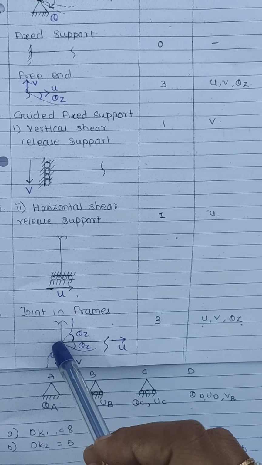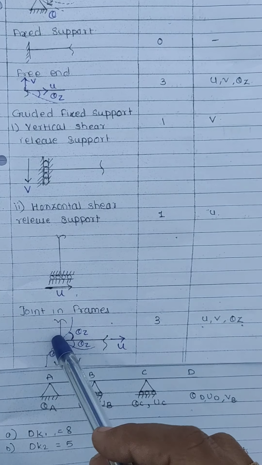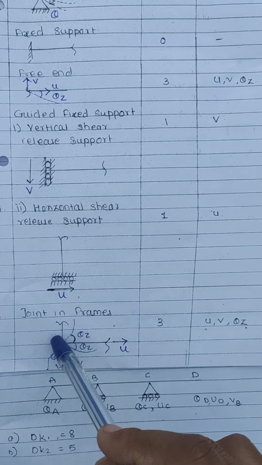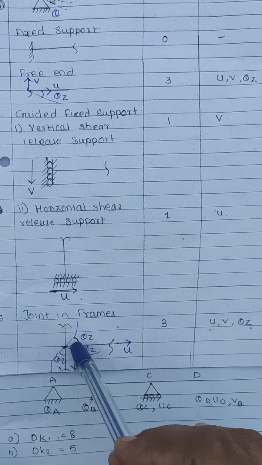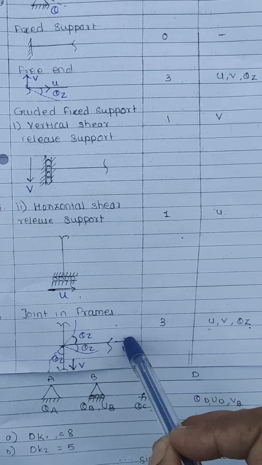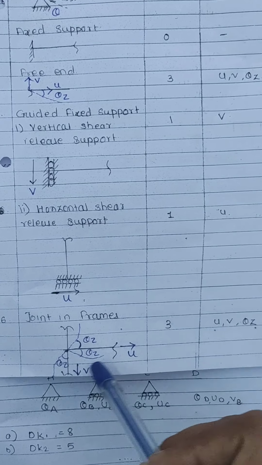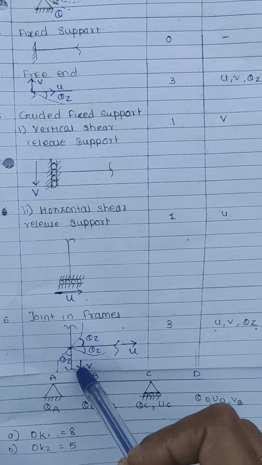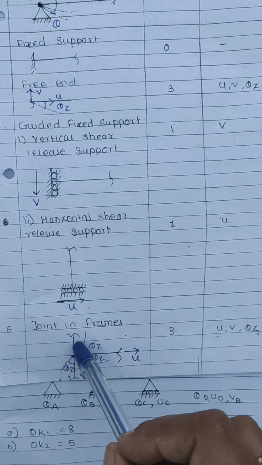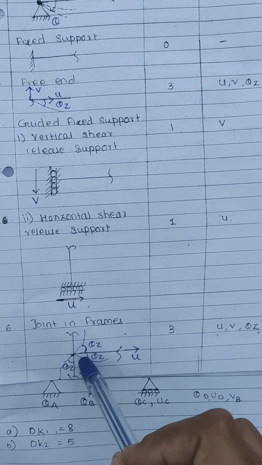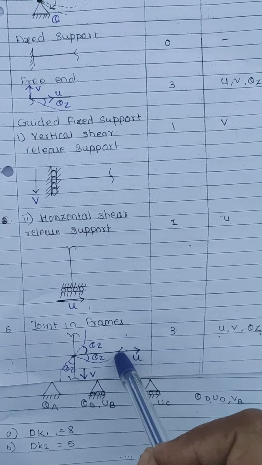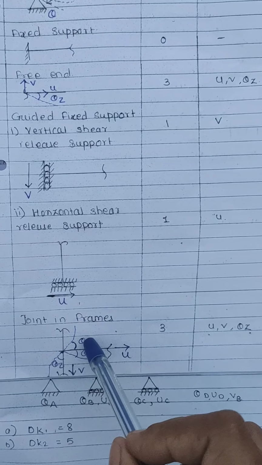Here there are three members, one is horizontal and these two are vertical members, but for this particular joint you have to consider the displacement, means this particular joint you can move that in horizontal direction, you can move that in vertical direction, and there is a rotation for this particular joint, or you can rotate this particular joint, means there is a rotational displacement, means U, V and theta.